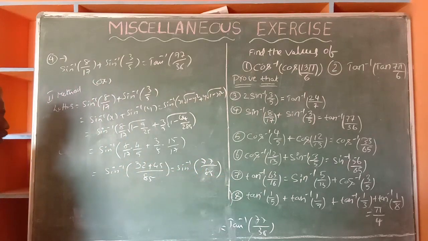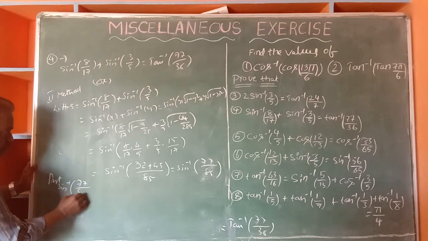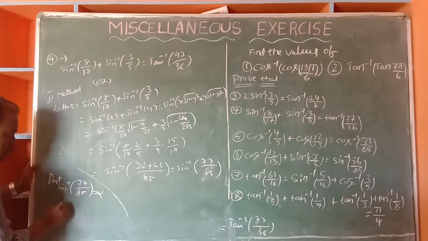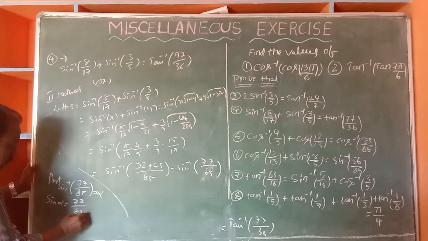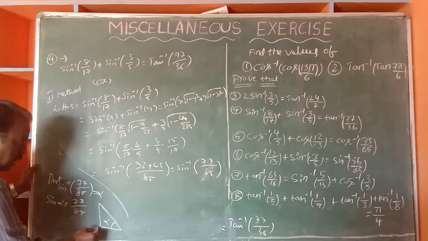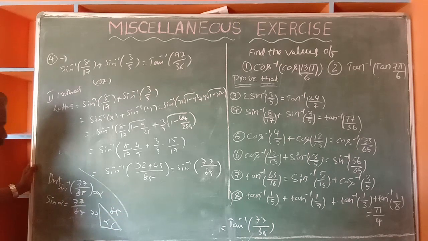Okay now, put sine inverse 77 by 85 as alpha. So sine alpha is equal to 77 by 85. Write a diagram, a triangle with 77 and 85. The other side is automatically 36 by using the Pythagoras theorem.